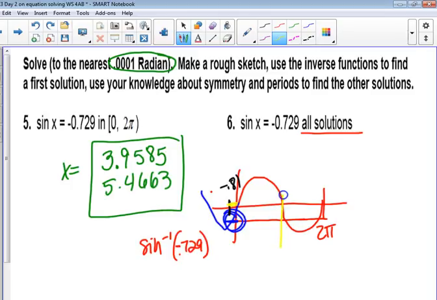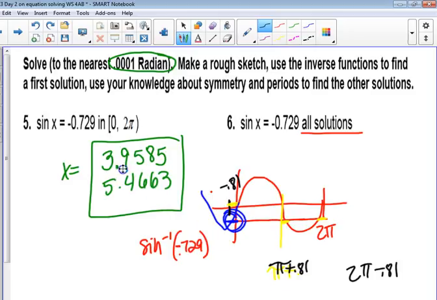So back before I had a graphing calculator, I had to say, well, this little yellow distance is also 0.81 then. So I would say pi plus 0.81 is one of the solutions. And this little bitty yellow distance was also 0.81. Do you see that? So my other answer was 2 pi minus 0.81.